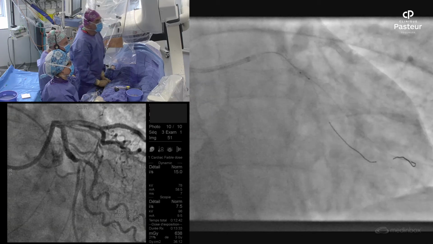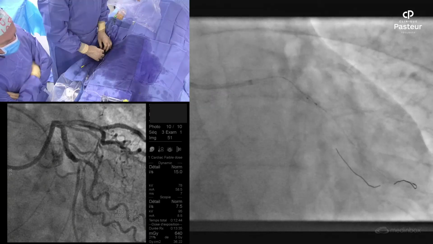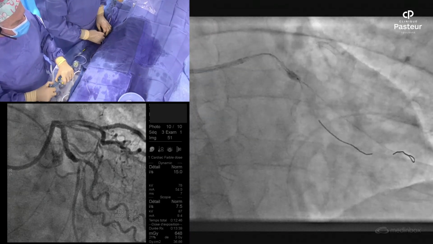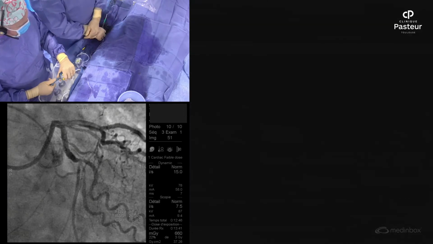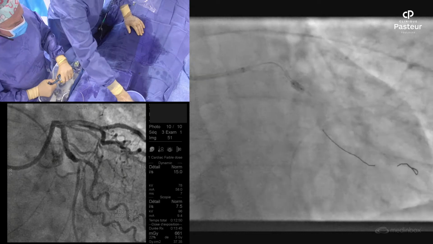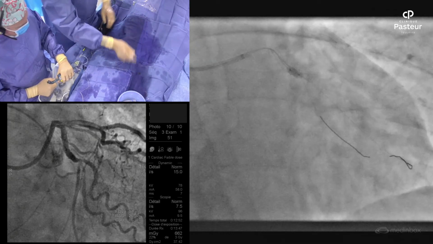Here. It's okay. Go on. 6, 8, 10. The distal marker of the balloon is just at the level of bifurcation. And now we can go up to 14, 16. So this is the first POT.